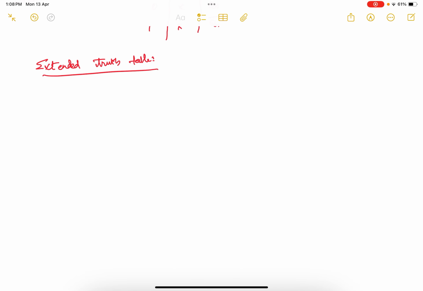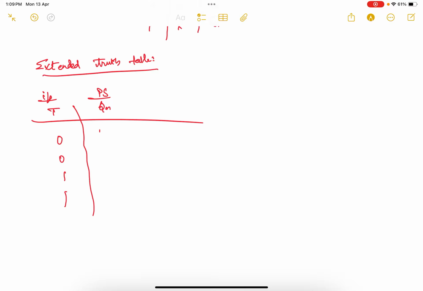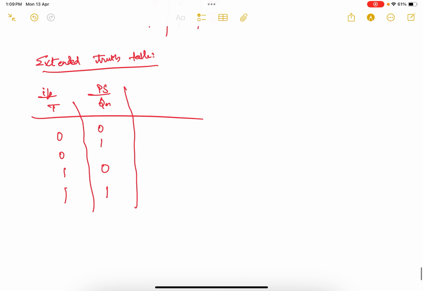Extended truth table means one is your input, which is nothing but T. T can be either 0 or 1, and similarly your present state, that is Qn, can be either 0 or 1 for T equal to 0, and 0 or 1 for T equal to 1. And now we want to find the next state, which is nothing but Qn plus 1.